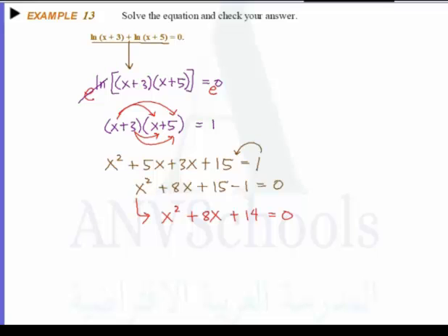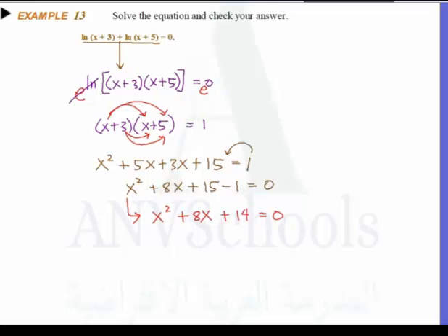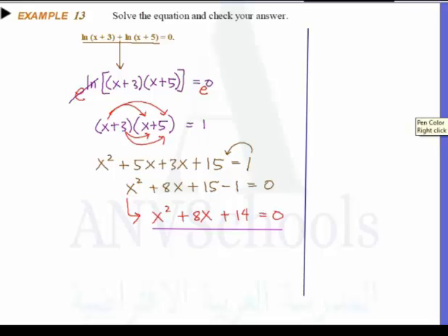So I will use the quadratic formula to solve for my x's, because I couldn't factor the expression here. So what I need to do is solve for x using the quadratic formula. And how do we get x values with the quadratic formula?